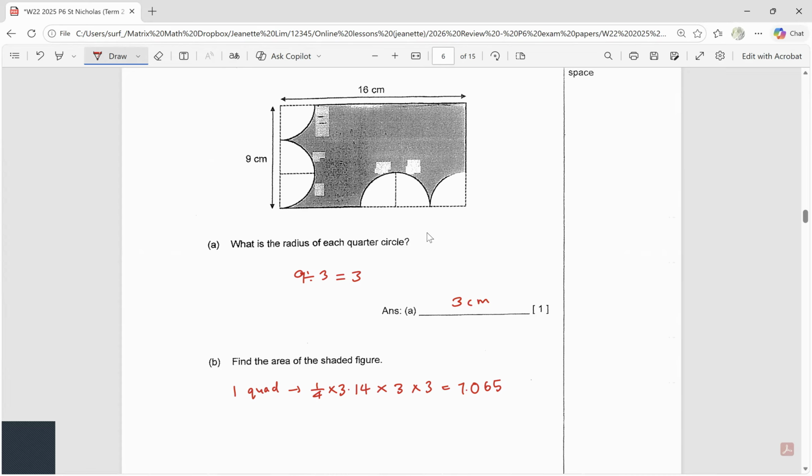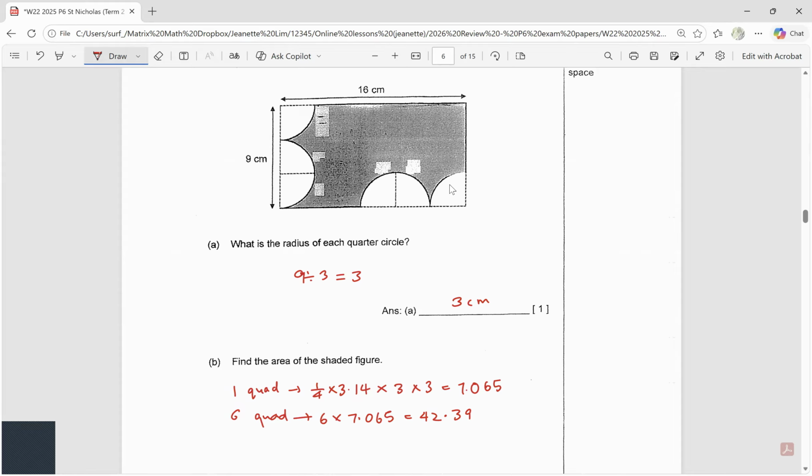We have 6 quadrants, 1, 2, 3, 4, 5, 6. So 6 times 7.065. This is 42.39.